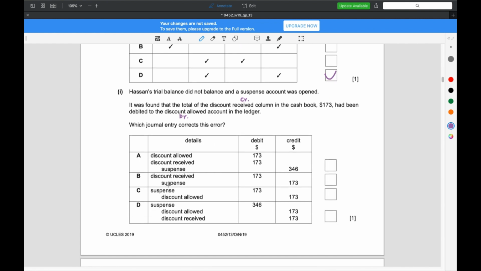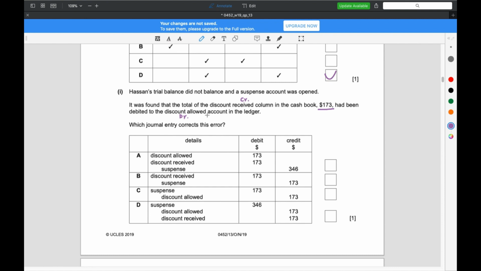Part I, he says Hassan's trial balance did not balance, and a suspense account was opened. It was found that the total of the discount received column in the cash book, $173, had been debited to the discount allowed account in the ledger. Which journal entry corrects this error?